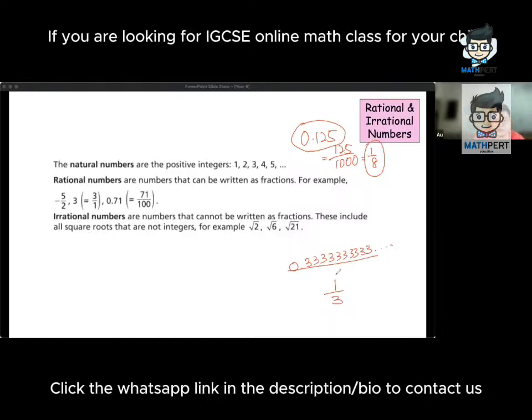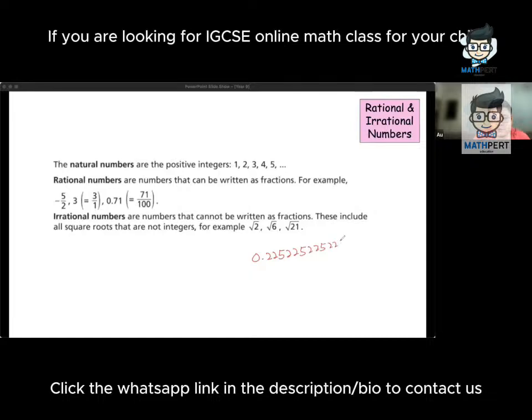So now the question here is, how do I convert this type of recurring decimal into a fraction? Okay, let me show you an example. Let's say I write 0.225225225225 and so on. So how do I write this as a fraction?